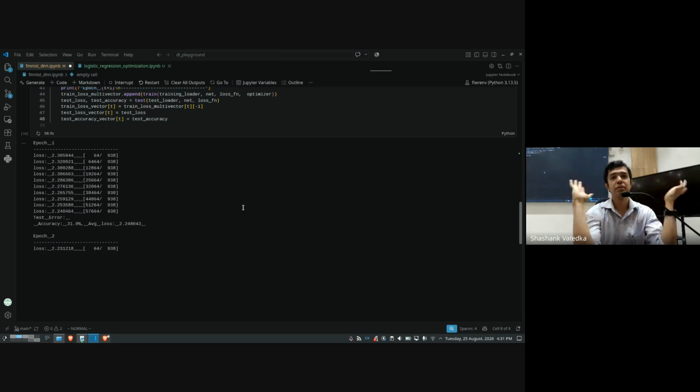The accuracy just dropped to 31%. You can also see that the training loss has not decreased much. It started at around 2.3 and then went down only to 2.24.